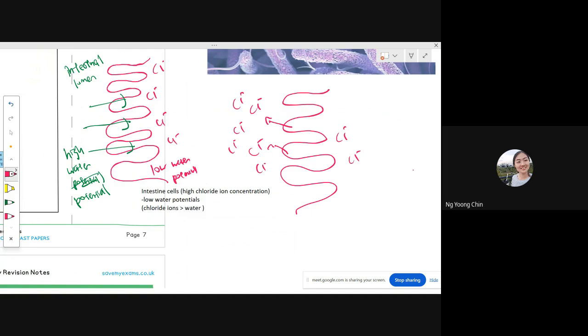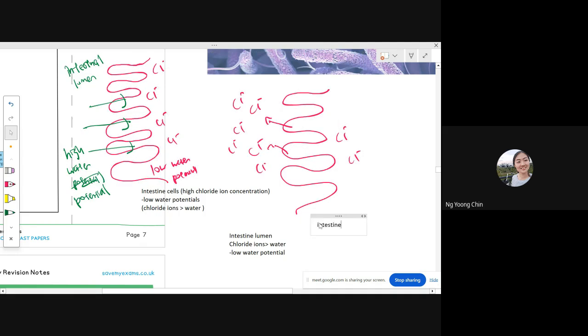So this will change our water potential outside, in the intestine lumen. What will happen? Outside in the intestine lumen, there will be more chloride ions than water. So now it becomes low water potential, because there's a large amount of chloride ions accumulating within the intestine lumen. Then how about inside the intestine cell?